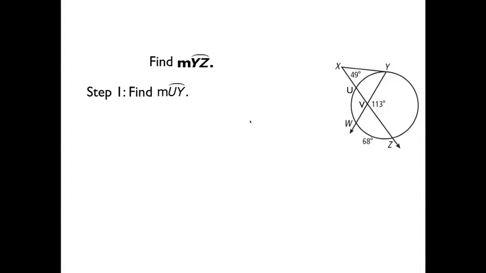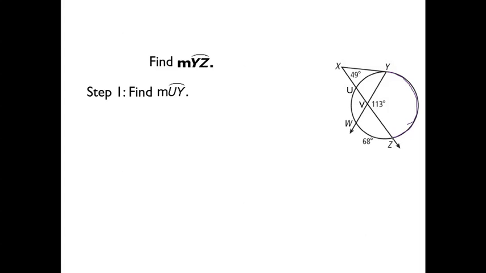Okay, and we're approaching the end here. Two slides left. So what we have is we want to find the measure of arc YZ. So arc YZ I'm talking about is right here, coming all the way around to here. I want to find the measure of that arc.